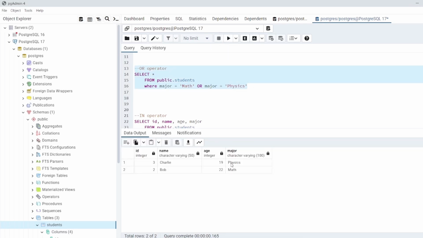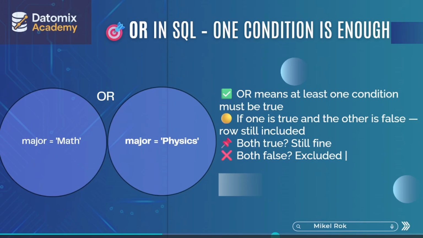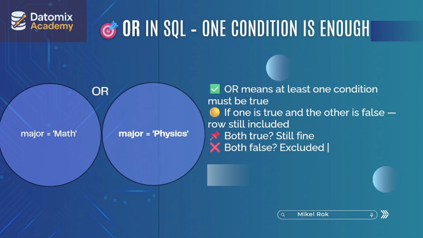In this scenario, SQL checks each row and says, is this student in math? If no, okay. Are they in physics? Yes, then include it. Or vice versa. So even if just one condition is true, SQL includes the row. This is perfect for when you are looking for multiple possible values.